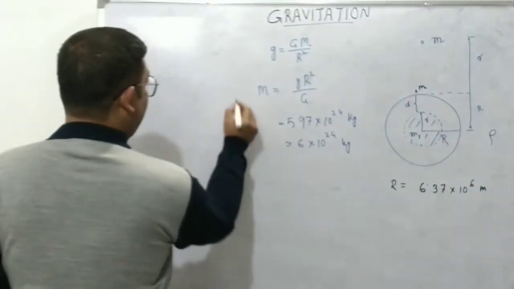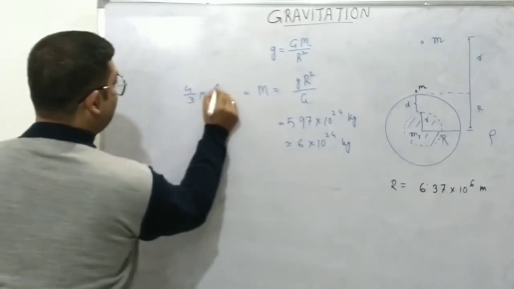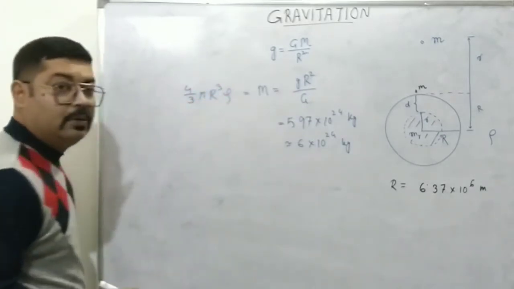Now we know that mass equals 4 by 3 pi r cube into rho.